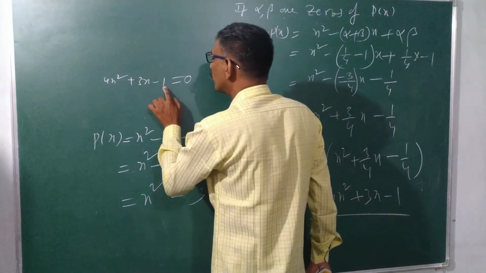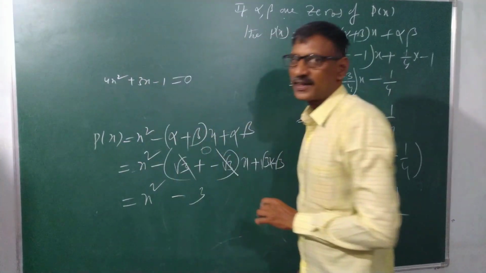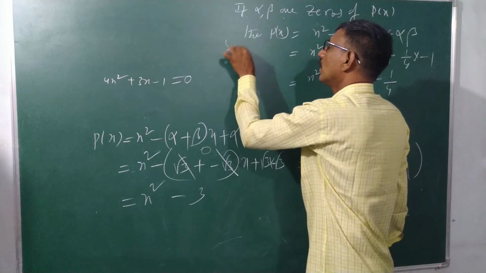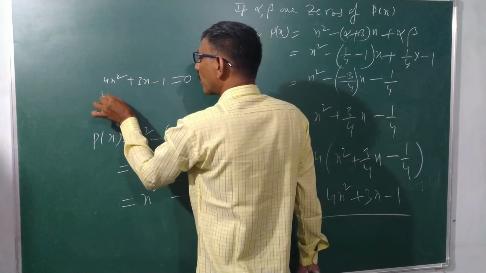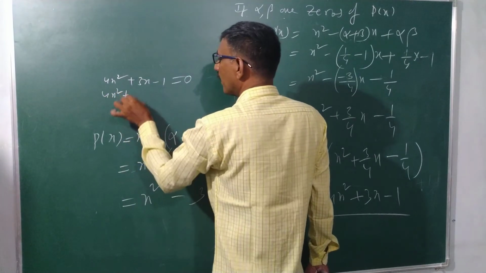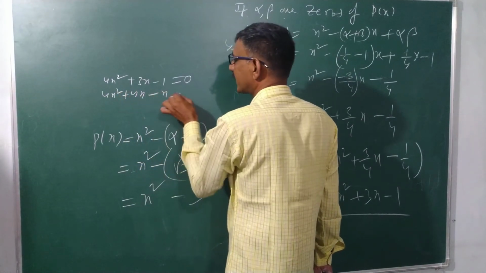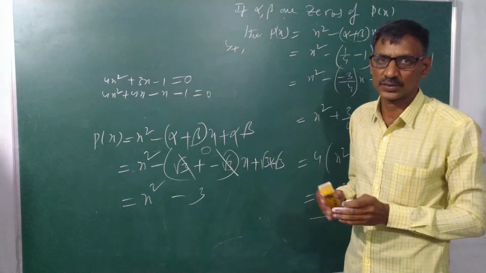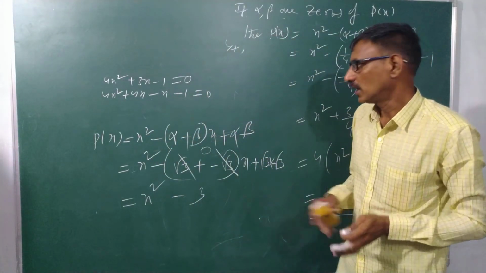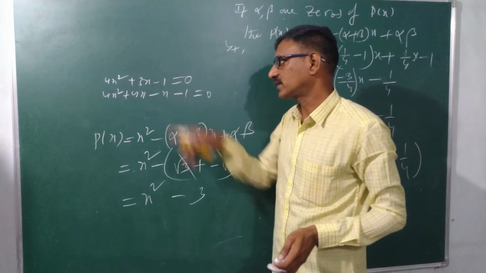Okay, we know as usual method, 1 into 4, 4, 1 or 4. Yes. 4 minus 1, 3. Okay. So 4x square plus 4x minus x minus 1. I would like to split it like this. Okay. 4x minus x is 3x.